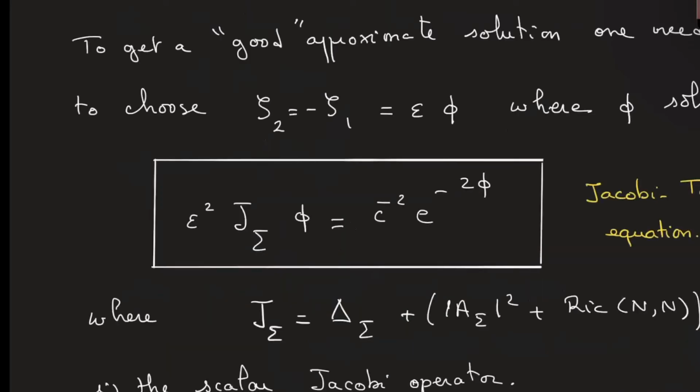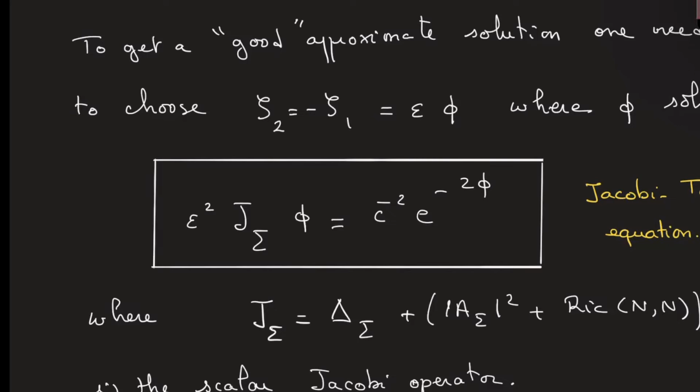At this point, and this is the new thing, you do some formal computation, and once you do, you find out that to get a good approximate solution, you need to choose the functions zeta1 and zeta2 in a very nice way.